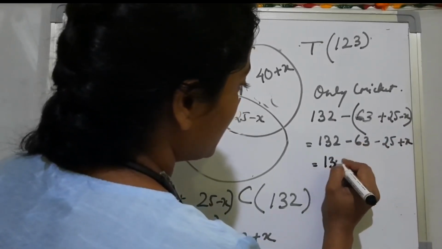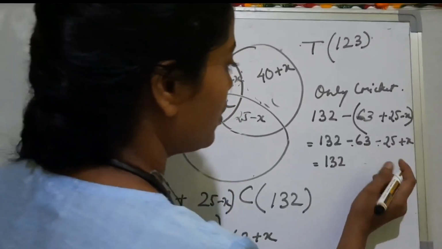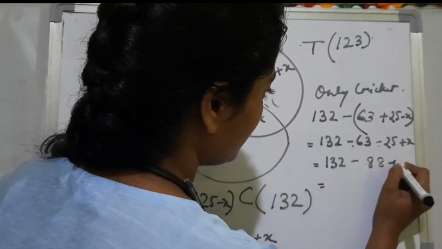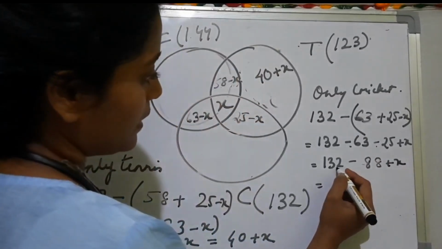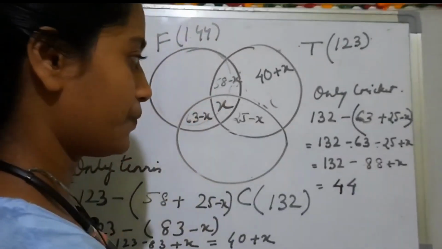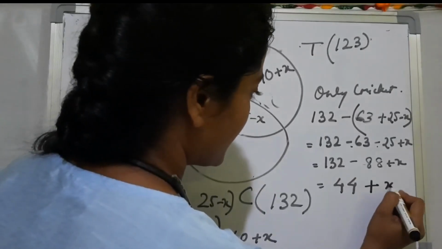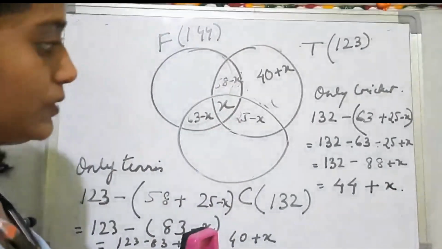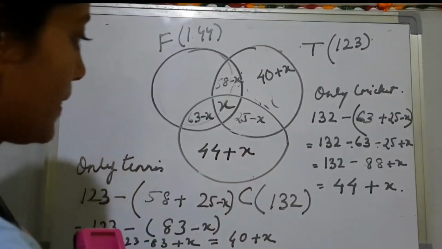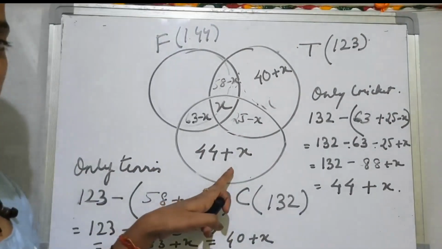Here the signs will be minus. So here we will get 88, minus 44 gives 44 plus x. So we have got the only players who play cricket is 44 plus x.